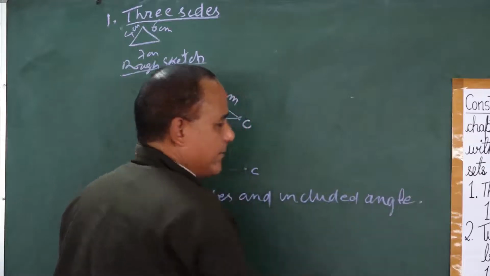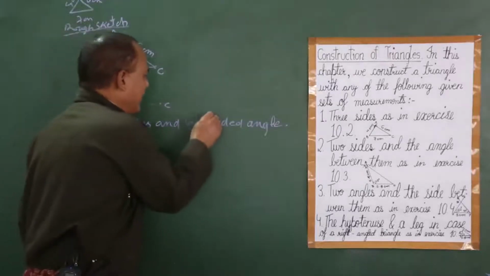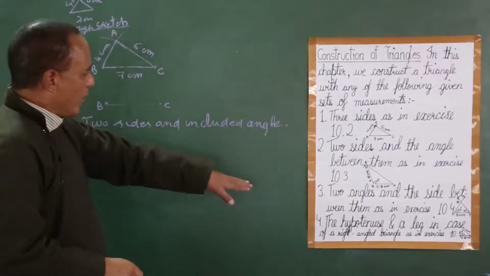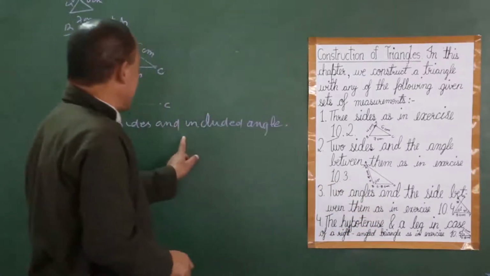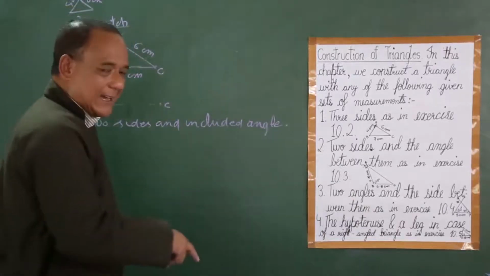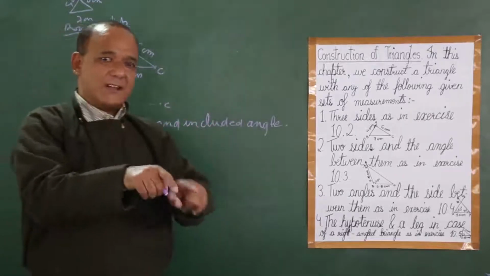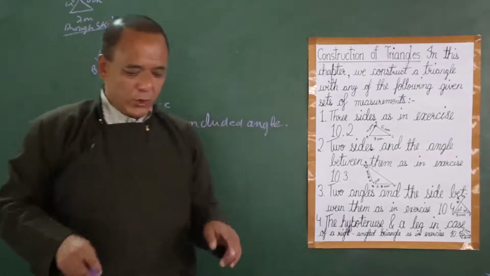Included means between. Instead of saying between and all that, because that is lengthy, we can say included angle or excluded angle. Excluded angle means not between. Included angle means in between the two sides.